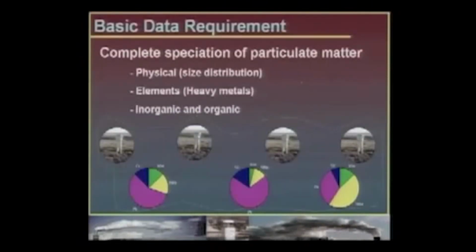Okay, the basic data requirement, what we need to have in order for us to do such a modeling exercise. If we know this information, as you can see here, all of them or some of them could be very useful, and what we call that one speciation.